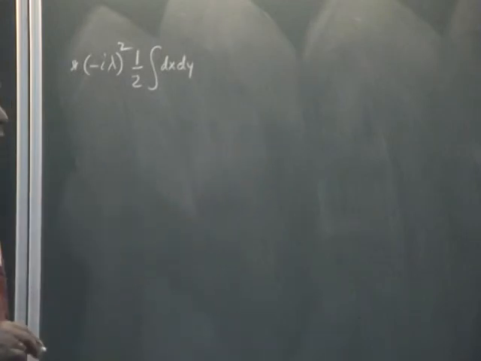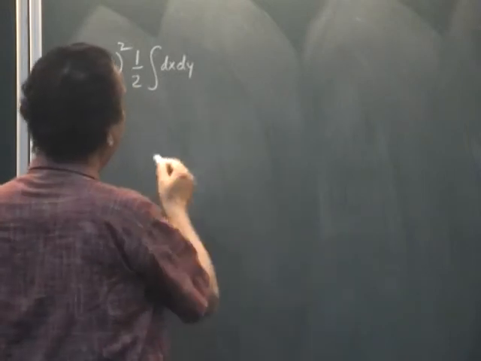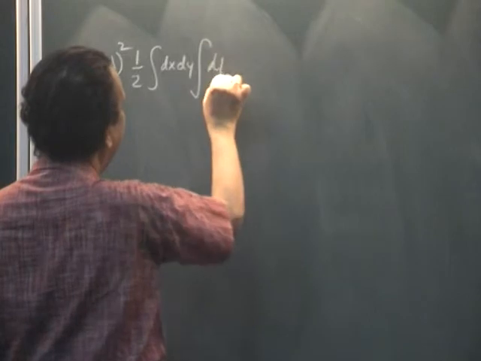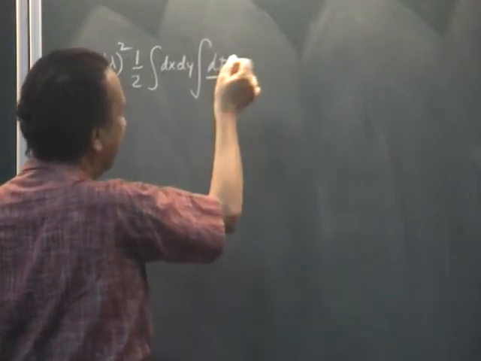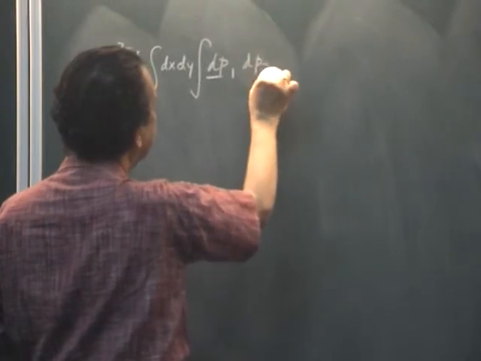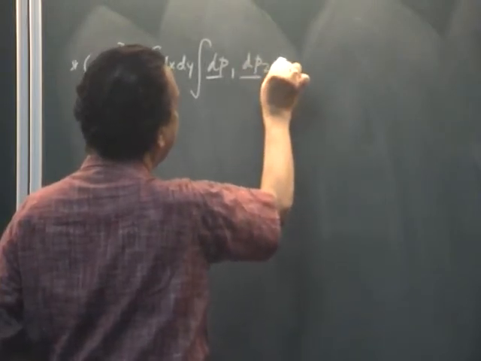Then each one of them I have to write as propagators. So I have 4 propagators, so it is integral dp1, this underline is supposed to mean 2 pi to the power 4, dp2, and they are all going to go away in a minute.